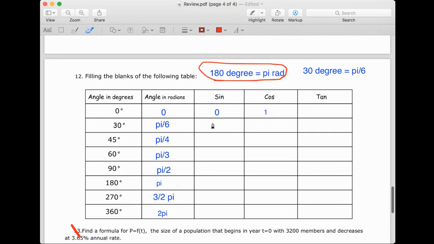Sine 30 has a beautiful value, half. Cosine 30, square root of 3 over 2. A tangent we know is a sine over cosine, right? So 0 divided by 1, we know this is 0.